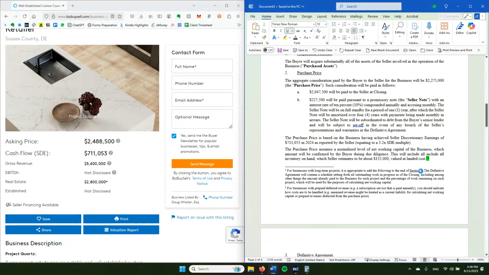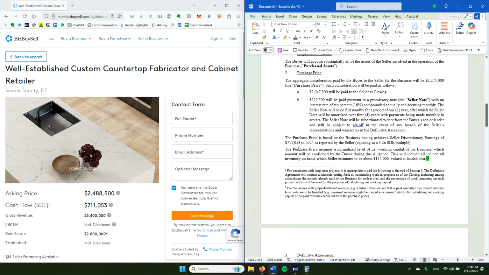Alright, we'll fix that. Seeing a few things in the template, but that's okay. I don't know if they're going to have long-term projects or not, but I'm going to add this anyway because it could.